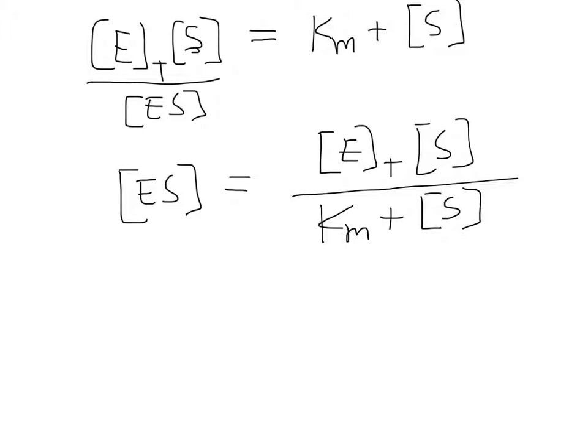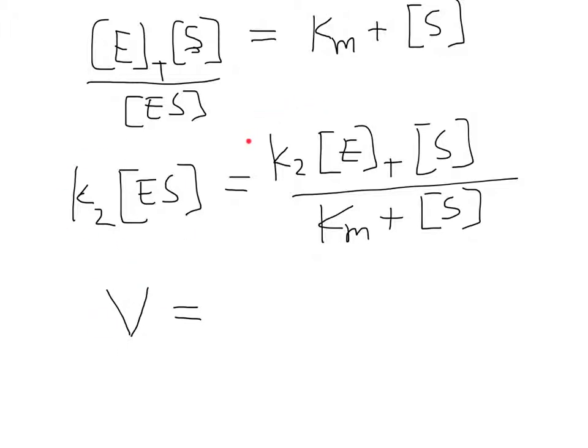Now this is looking good because when I multiply by K2, I'm going to do a little magic here. I'm going to multiply both sides by K2. I notice something. What I get is the velocity of the reaction here, which is what I want. So I'm going to replace that with the velocity. So that's equivalent. This V is equivalent to this, right?